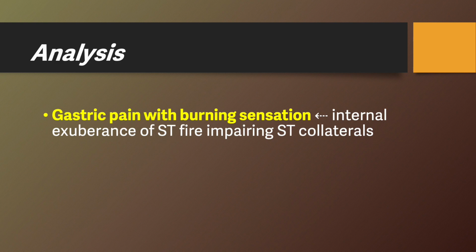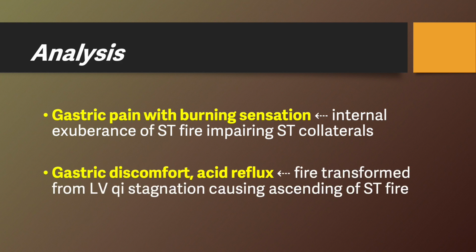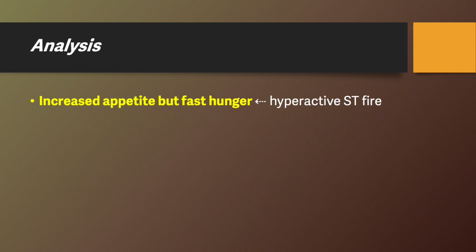Internal exuberance of stomach fire may impair the stomach collaterals, causing gastric pain with a burning sensation. Fire transformed from liver qi stagnation may affect the stomach, leading to ascending of stomach fire and subsequent gastric discomfort and acid reflux.